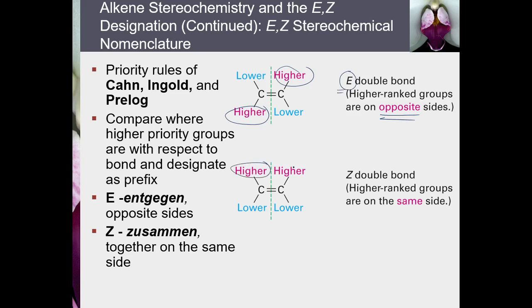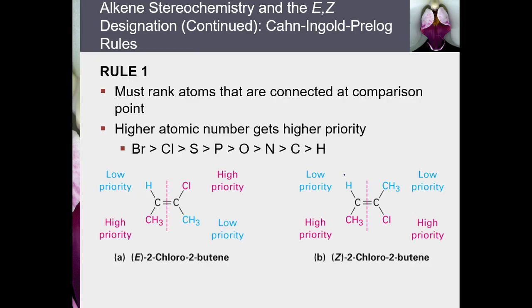But if your higher rank groups, mamaya makikita nyo ano ba yung mga higher rank groups na pinagsasabi ko dito, are located on the same side of the double bond, so we will designate it as Z.